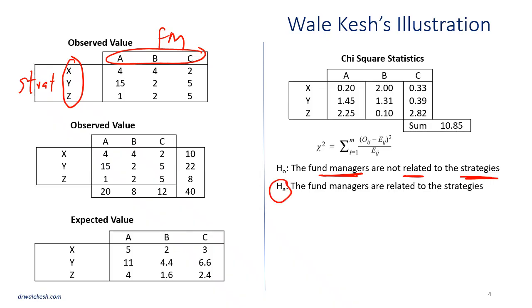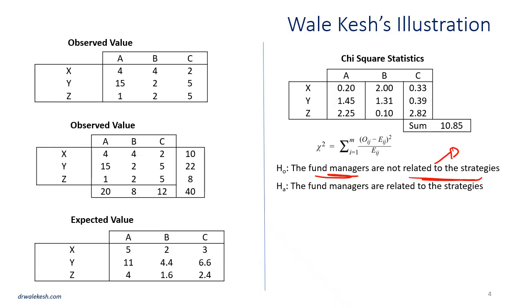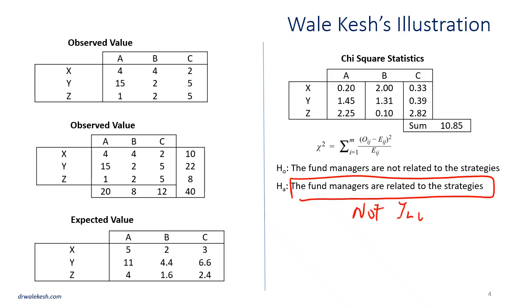Then for the alternative, the fund managers are related to the strategies. If the fund managers are not related to the strategies, what we are saying is the fund managers are independent of the strategies. Here, the fund managers are not independent of the strategies.